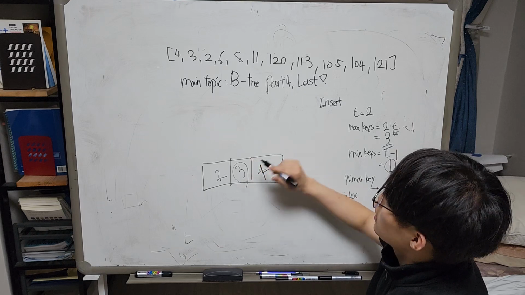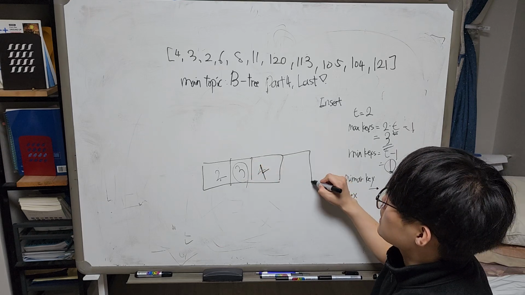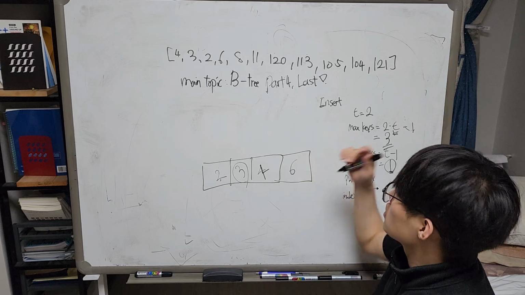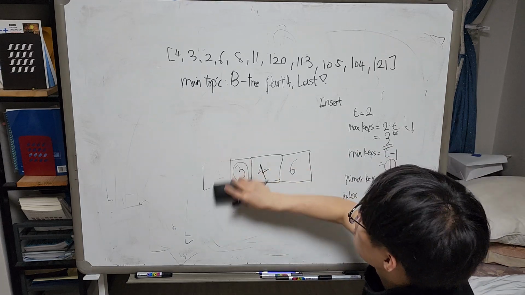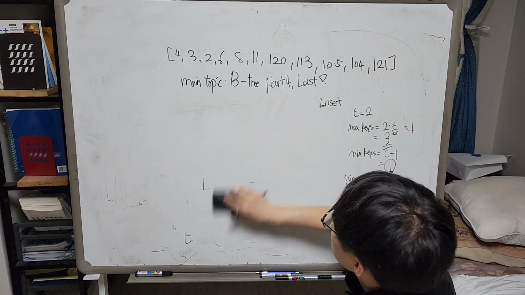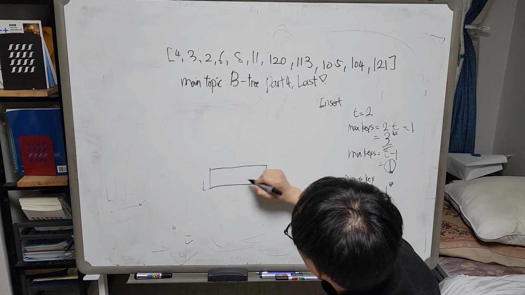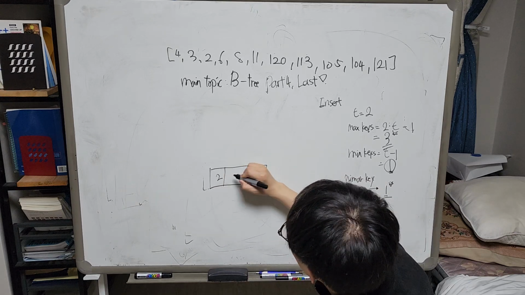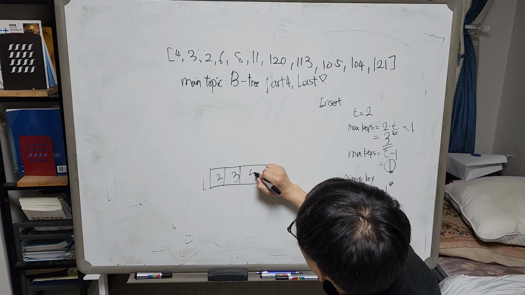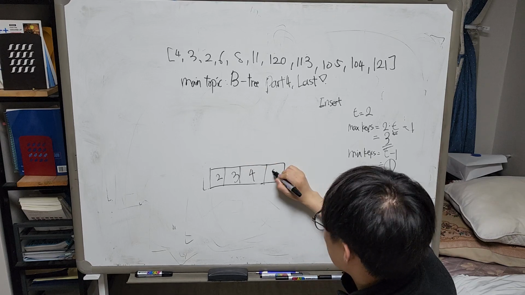And when you try to put 6 here, it's already full, right? I think this is going to be really nice. Yeah, this is much better. 2, 3, 4, and when you insert 6, it's going to be full.